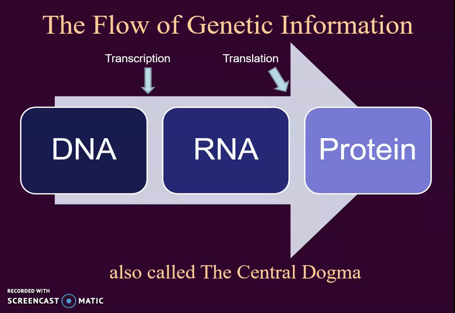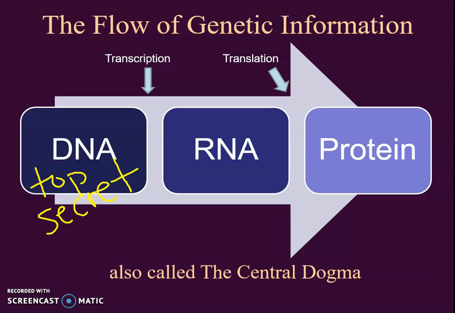There's another kind of analogy to help you think about this. Let's pretend you work for a pizza shop and there's a top secret recipe locked in the office to build that pizza. That's kind of like our DNA. In us, the DNA is locked in the nucleus. In order to build that pizza, we need to get the information out. So what can you do?